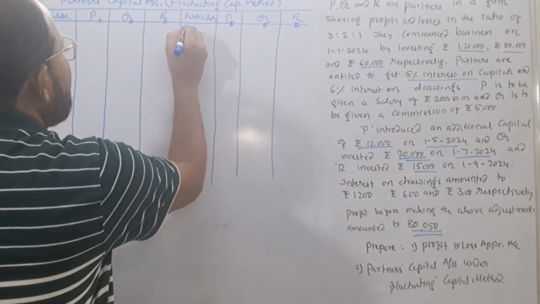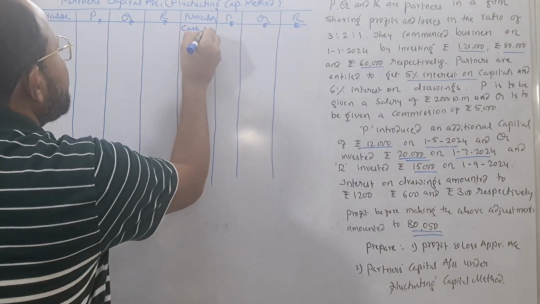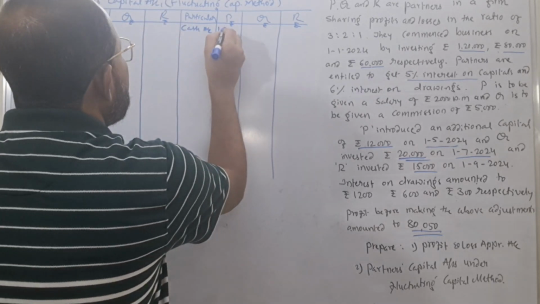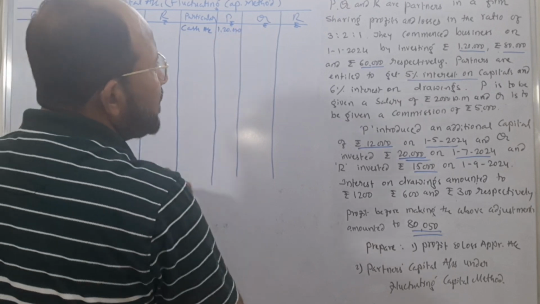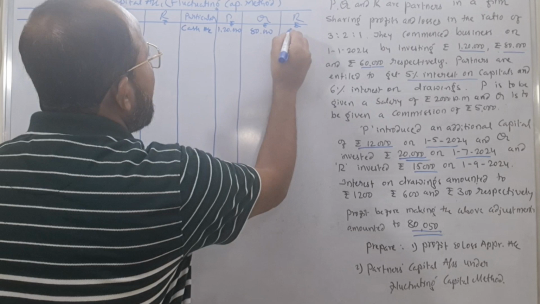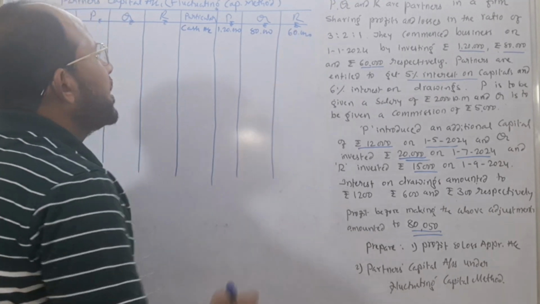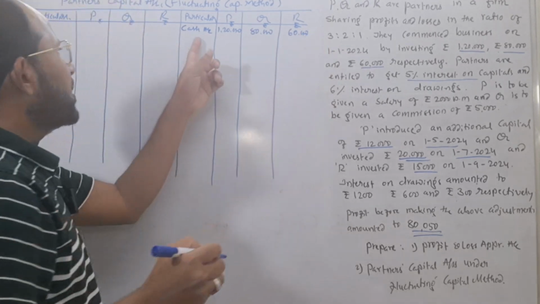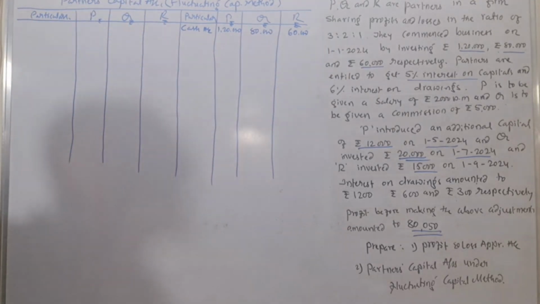That is why here I write cash account, cash brought in by the partners. Mr. P introduced rupees 1,20,000. Next one is Q rupees 80,000 and R rupees 60,000. Even you can write here by cash account or simply can also write cash account.